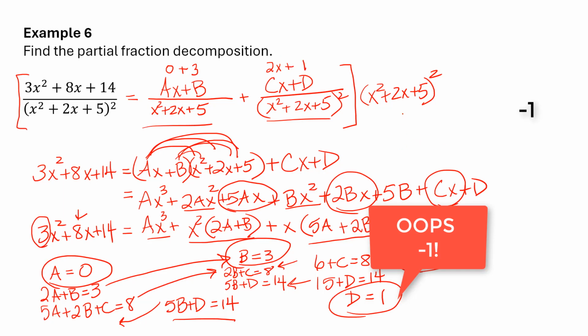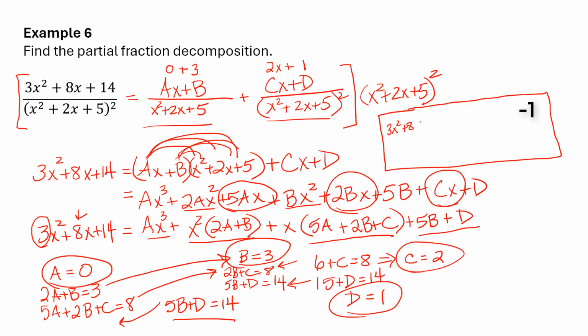So I'm going to squeeze this over here, just rewrite the partial fraction decomposition for this fraction. 3x squared plus 8x plus 14 over x squared plus 2x plus 5 quantity squared is equal to 3 over x squared plus 2x plus 5 plus 2x plus 1 over x squared plus 2x plus 5 quantity squared.